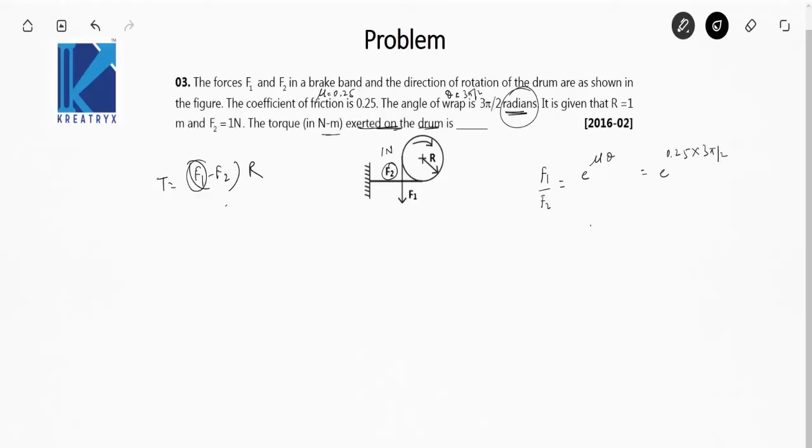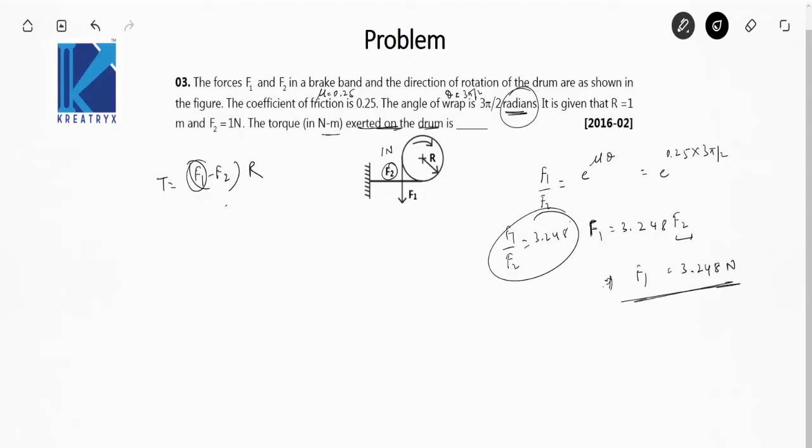So you solve it. F1 by F2, the ratio of these tensions, is equal to 3.248. F2 is 1 Newton, so that implies F1 is equal to 3.248 Newton.